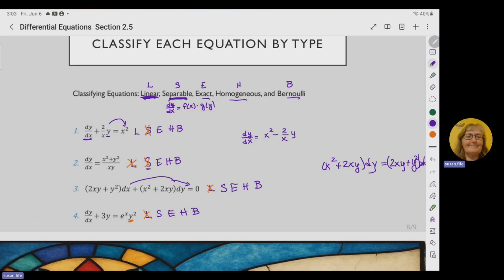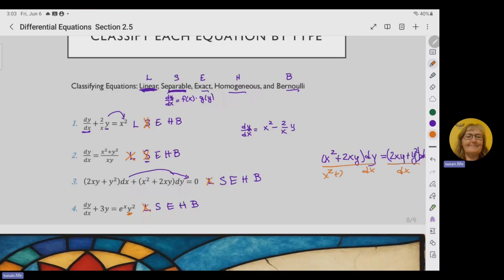And then if I divide by dx and also divide by x squared plus 2xy, it'll give me my derivative equals 2xy plus y squared over x squared plus 2xy.